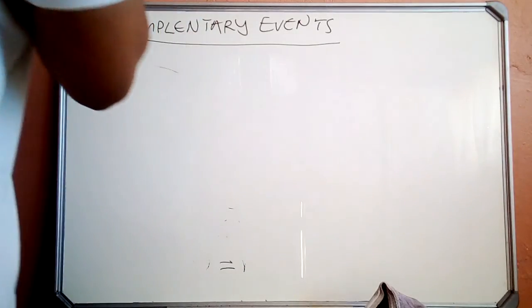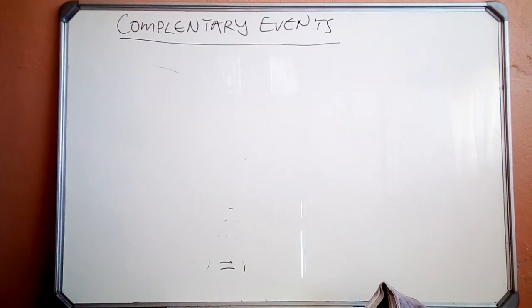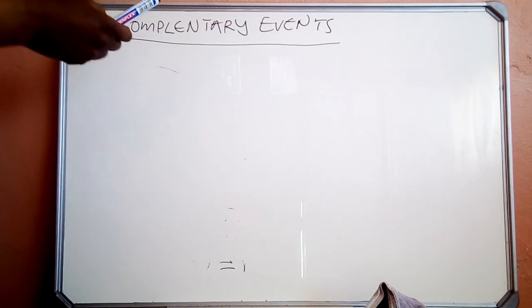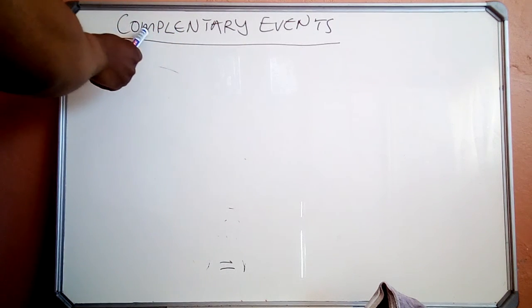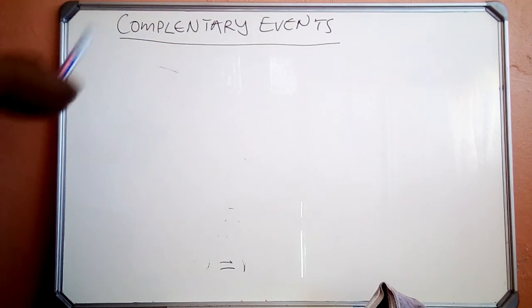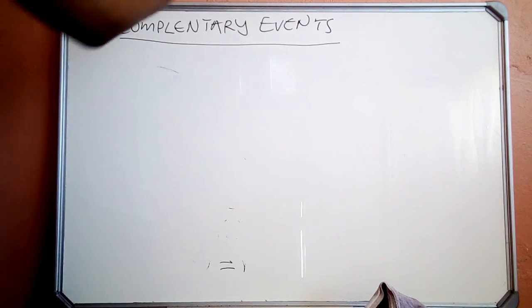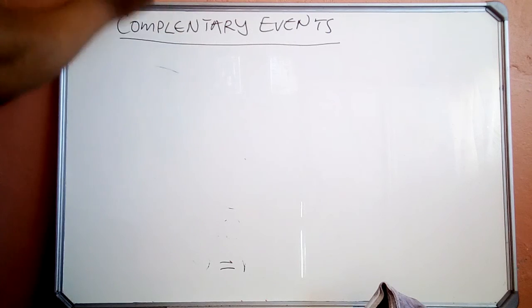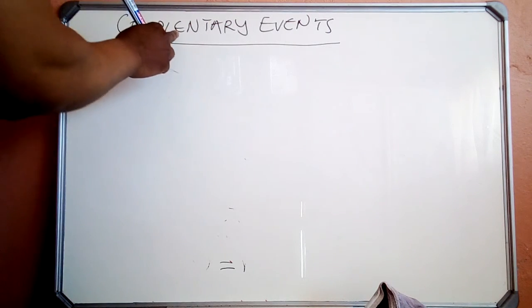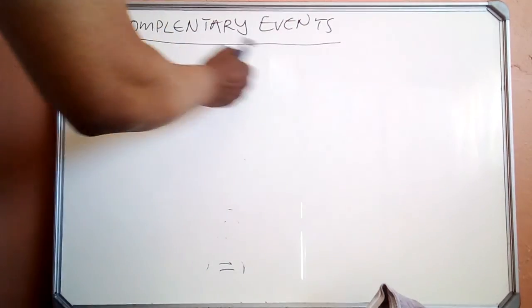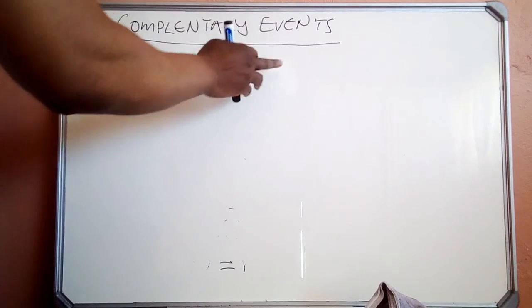Complementary events. Okay. Now, be careful of the complement that you see. It's got an E instead of an I. The one with an I is like to compliment something or someone, like you say, you look great. That is a compliment with an I. But our complement has got an E. This complement means something that completes, so it's from the word complete, right?